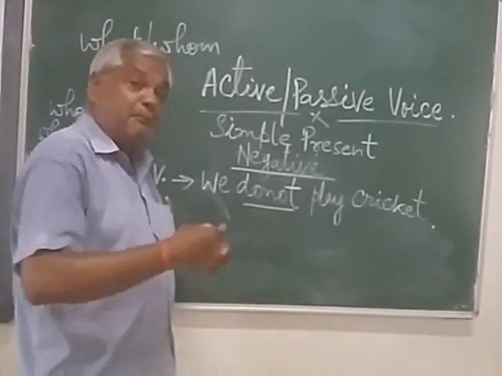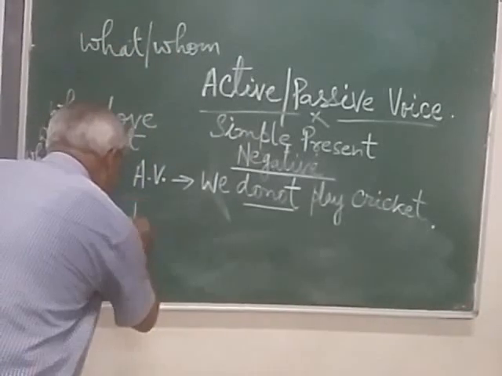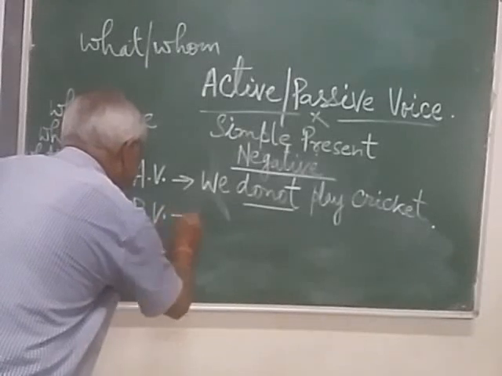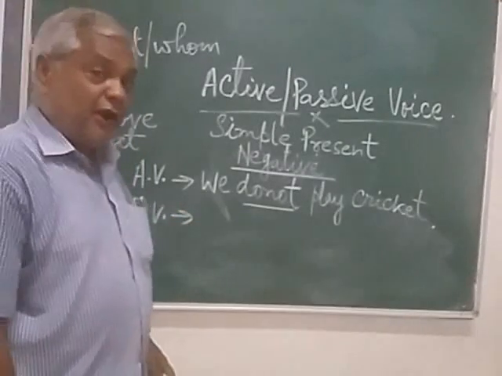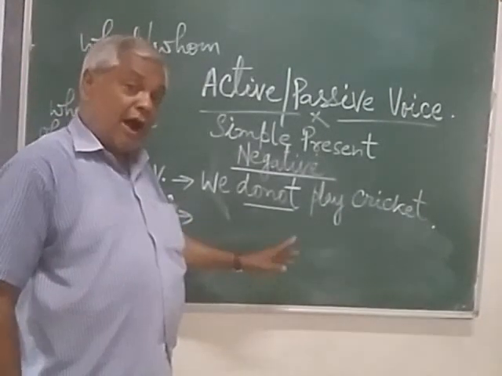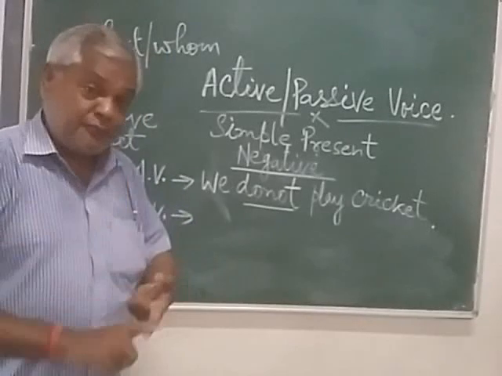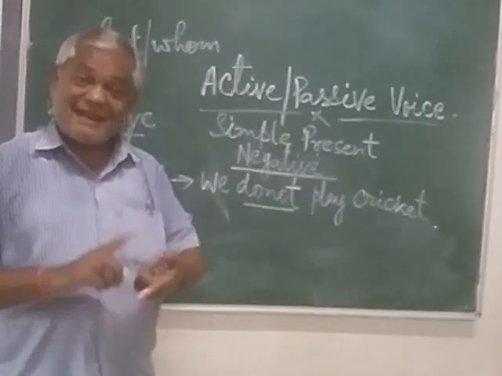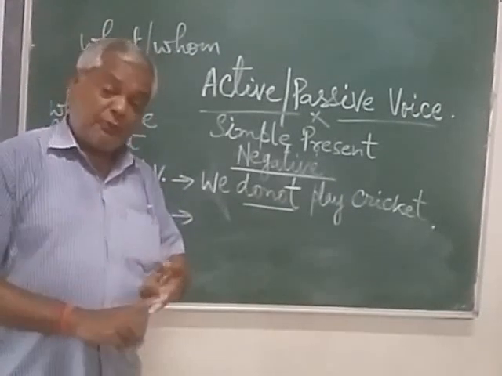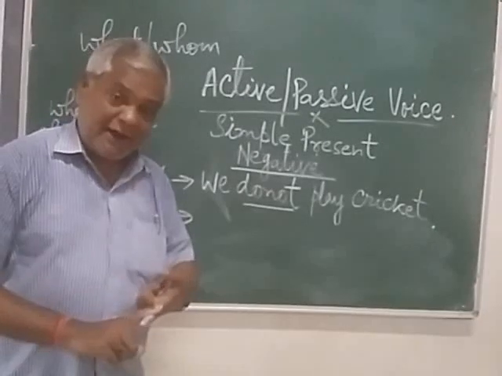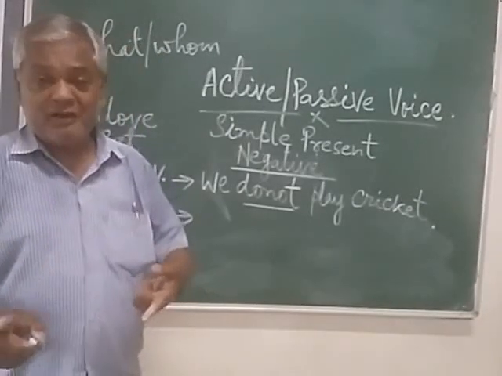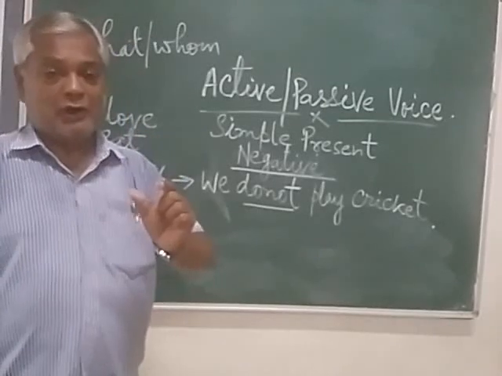But what will be the passive voice of this? For passive voice, I have given you one formula: object plus is/am/are plus V3 plus by plus subject. That is the original formula.